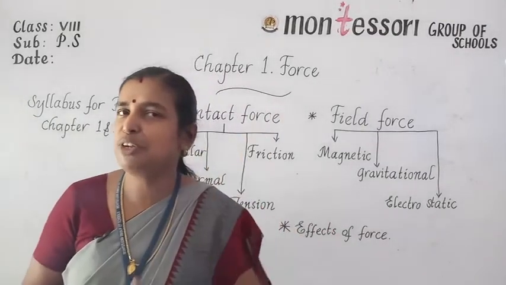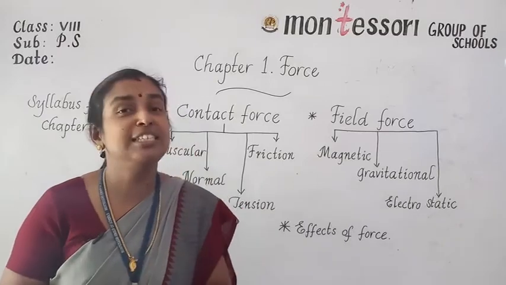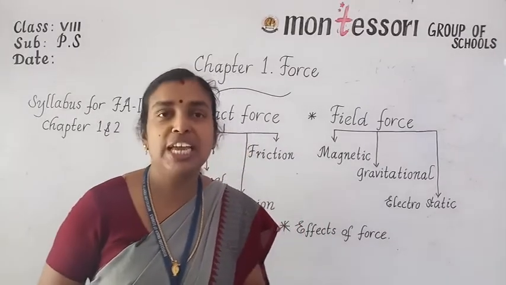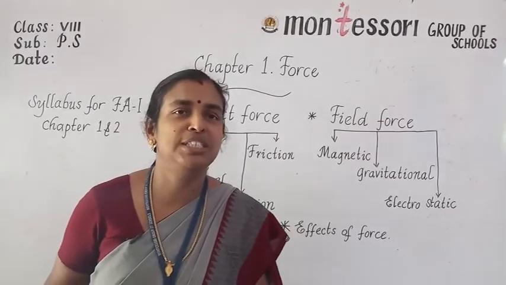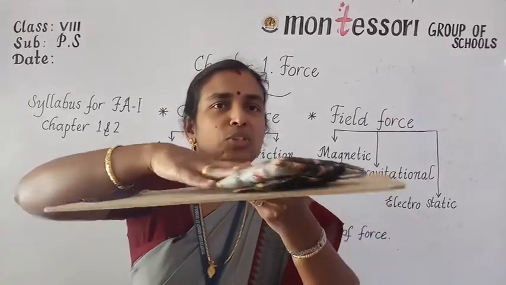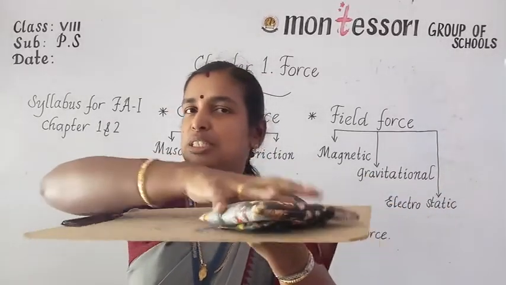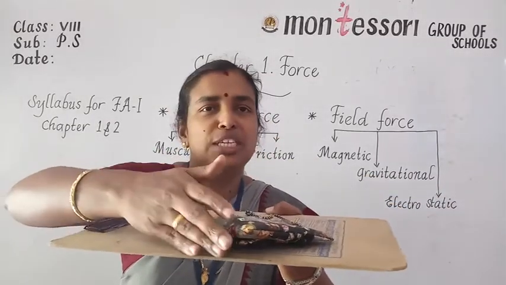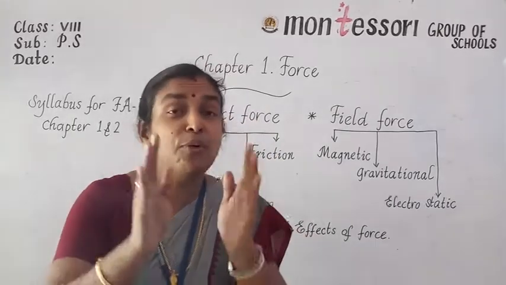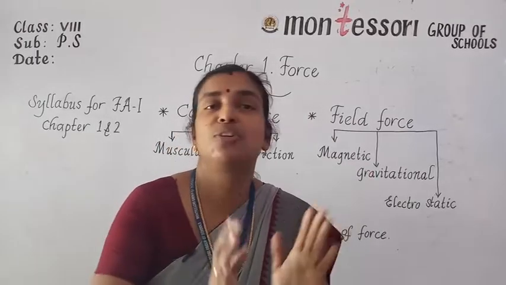So the first effect of force is that force can change the shape of an object. The second one is that force can change the motion of an object. If the object is moving in this direction, if I push this person in this direction, it will go in another direction. That means force can change the direction of an object.